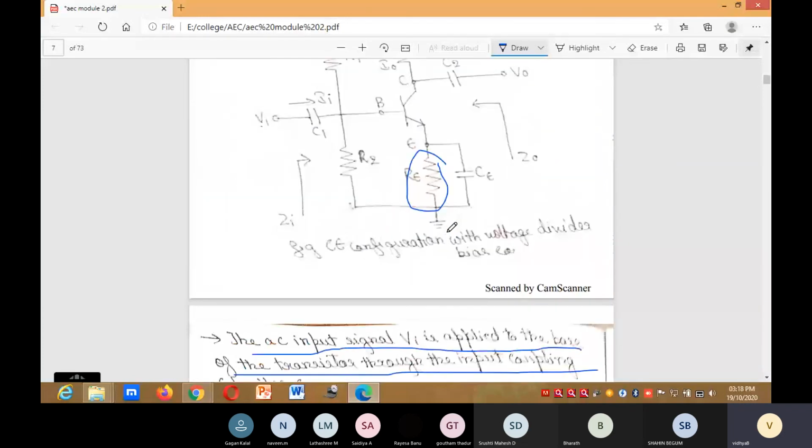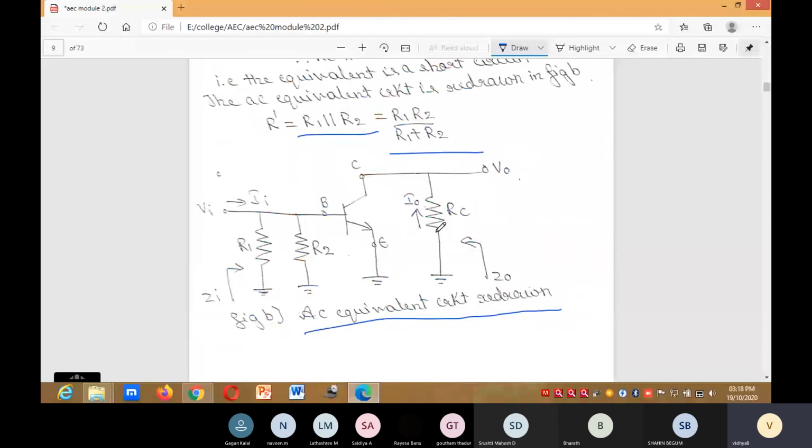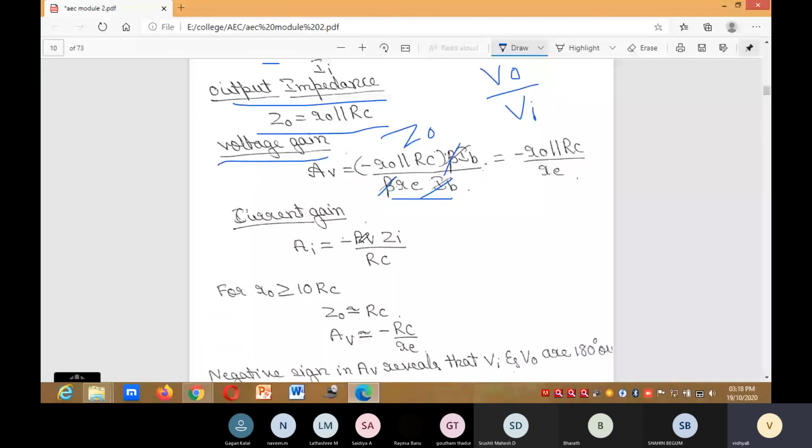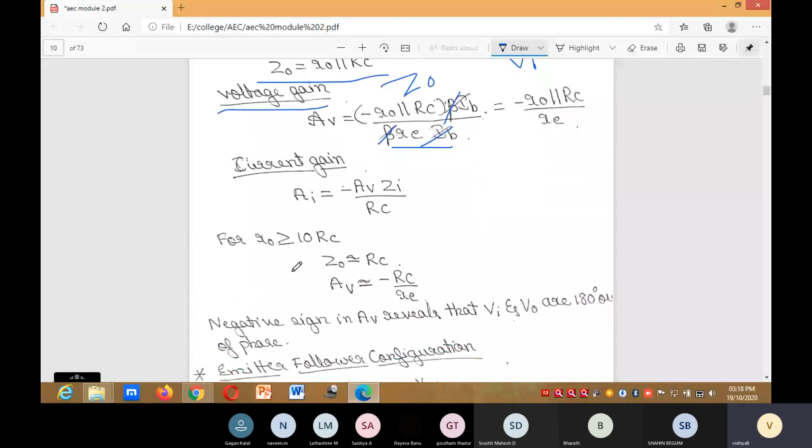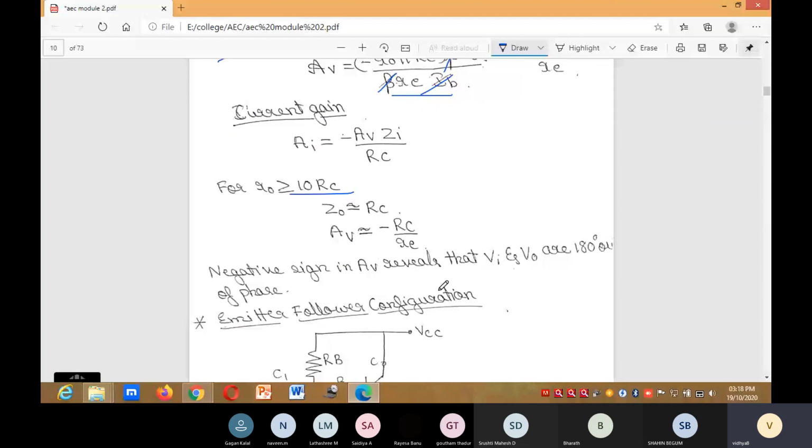You will get the same current gain. For R naught greater than 10 times RC, Z0 equals RC, and AV is equal to minus RC divided by RE. The negative sign in AV reveals that input voltage and output voltage are 180 degrees out of phase.